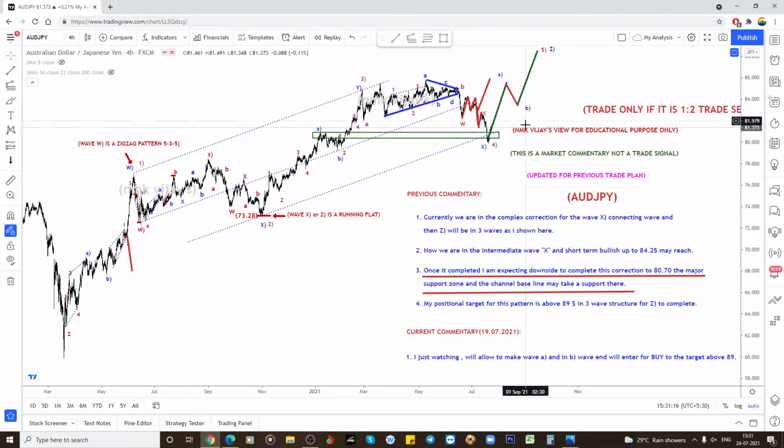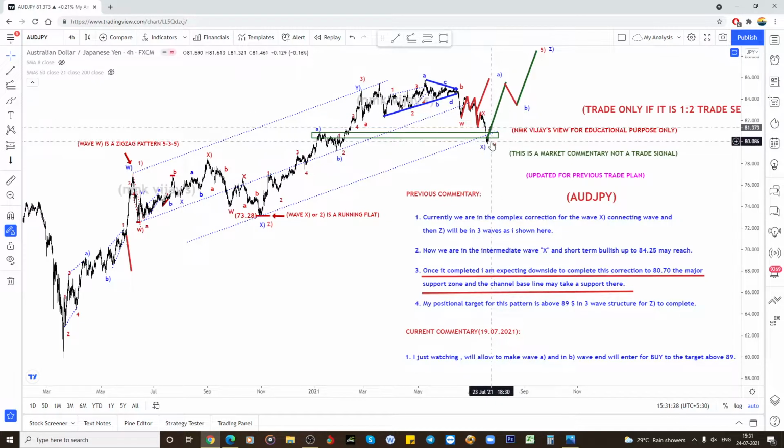After the B gets rejected, then only you make this the stop loss, and you can trade for the buy on the upper side, 87 to 89. That is my target. So only if it happens like this, allow this, watch here. If it is a 5-wave structure and again a 3-wave structure, after the end of the 3-wave structure, make this the stop loss and go for the buy. Otherwise, if you need to sell only, this is not the sell. As of now, this is not the sell. It has already bounced.